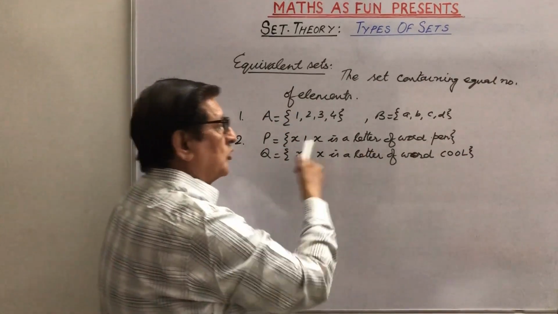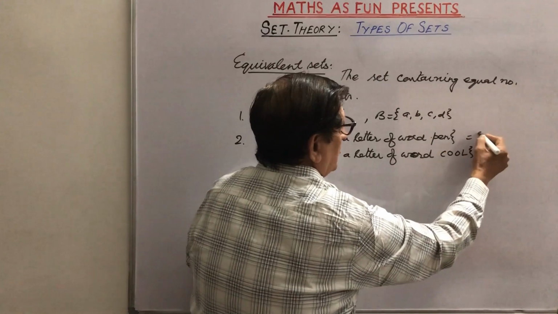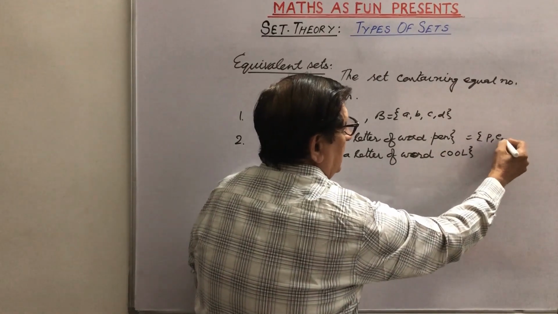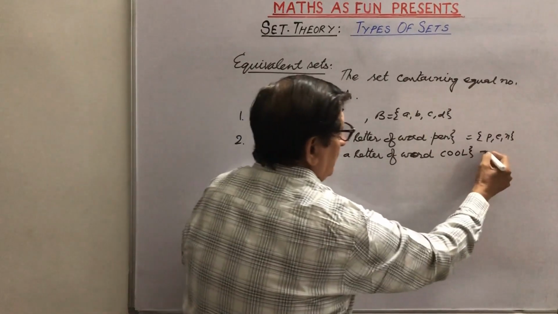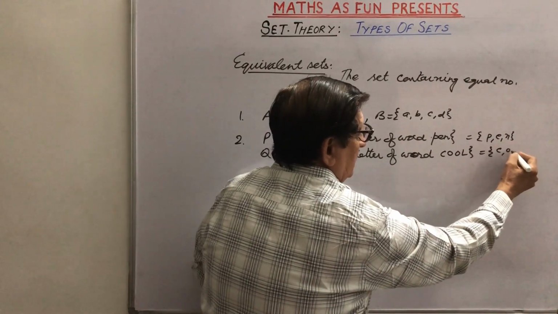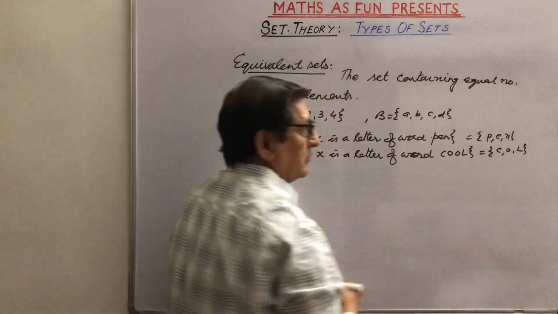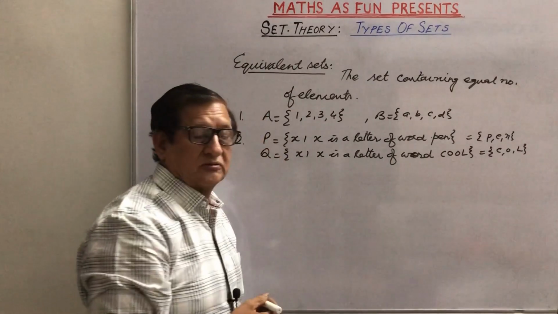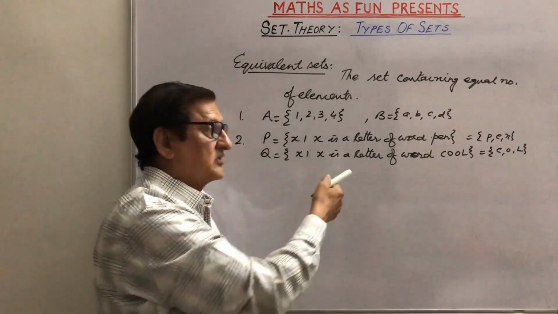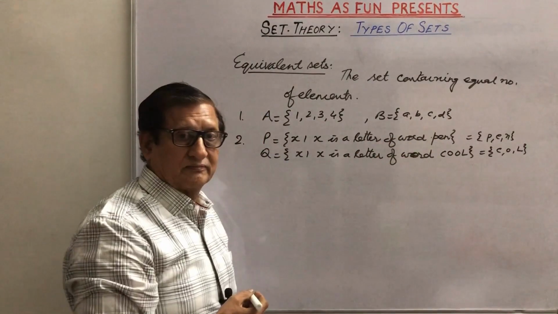If we write them in roster form, the elements are P, E and N. If we write this in the roster form, we are finding here C, O and L. Do we find that both are having equal number of elements? They are 3, and that's why they are equivalent sets.